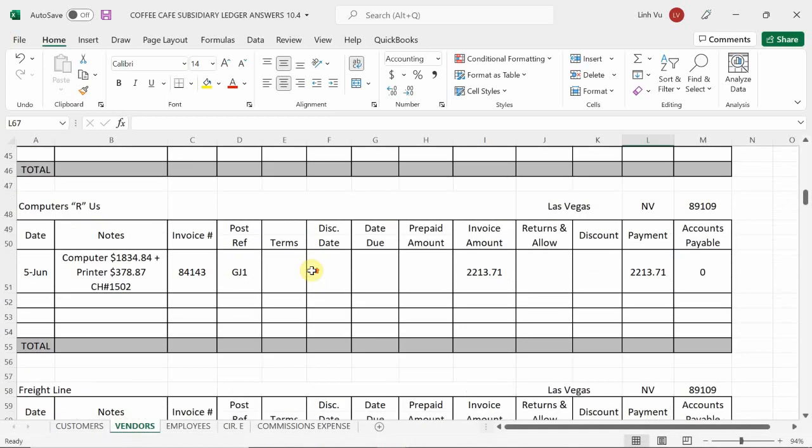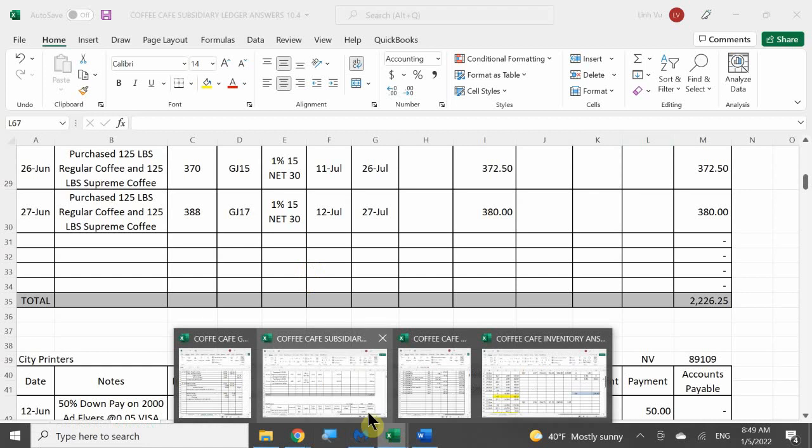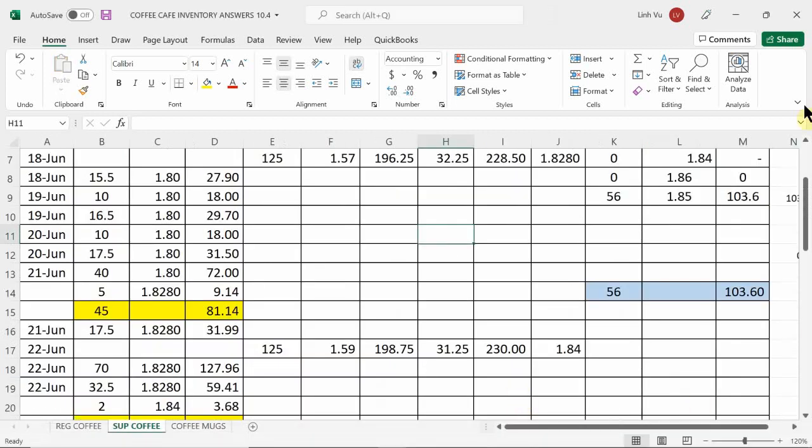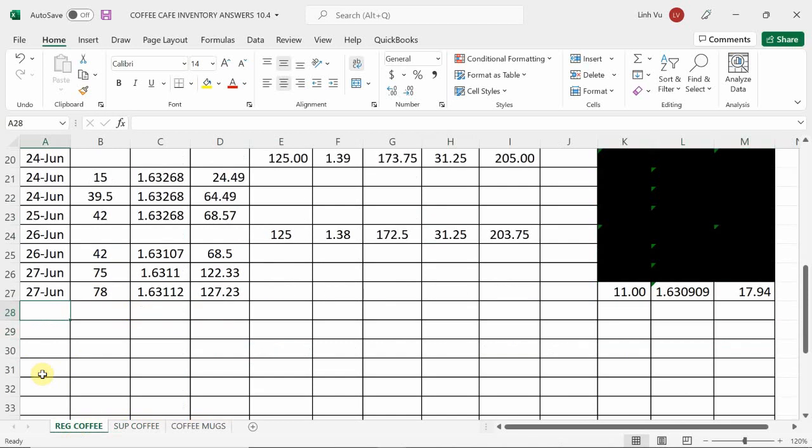All right. Last but not least, we need to update our inventory because we bought inventory. So regular coffee, right? We do need it because we only have 11 pounds left, and that's not enough to brew the coffee in the morning.